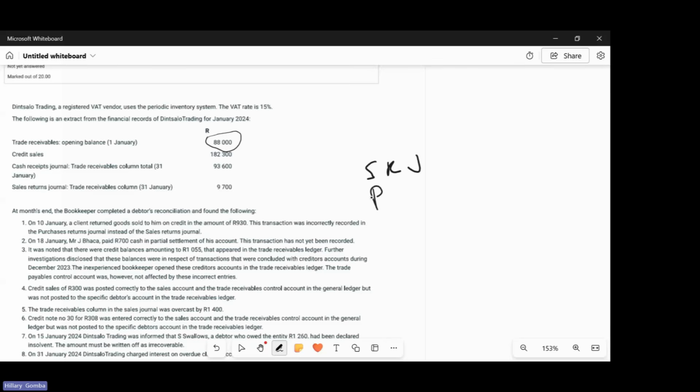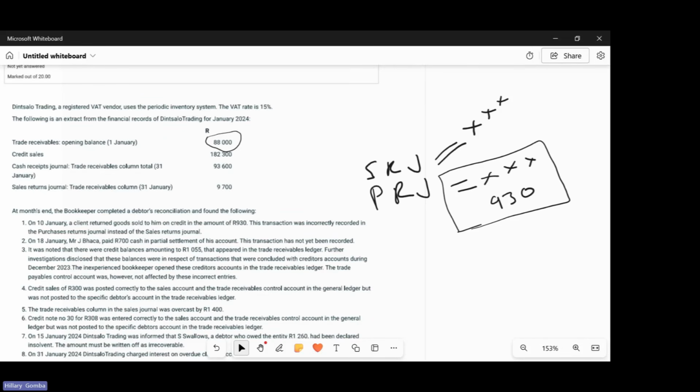So which means if we had a certain amount in the sales returns journal and a certain amount in the purchases returns journal, when they added that 930 to this, purchases returns were more than they were supposed to be.